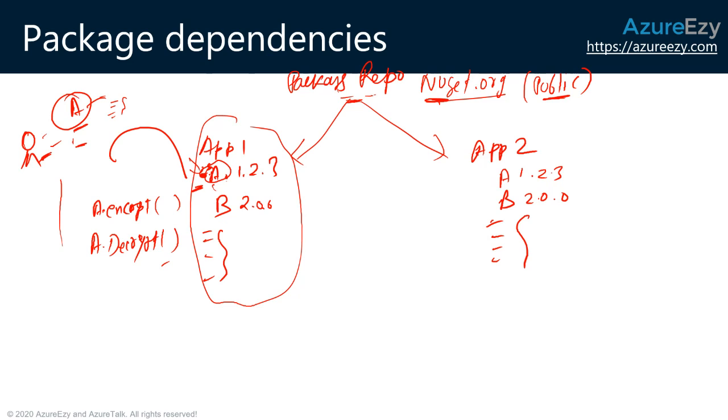Now to look at such dependencies, right? We call it a dependency because this A is coming from outside, but your application is dependent on it. Similarly, application 2 is also dependent on B, and this might be coming from some other developer or organization.